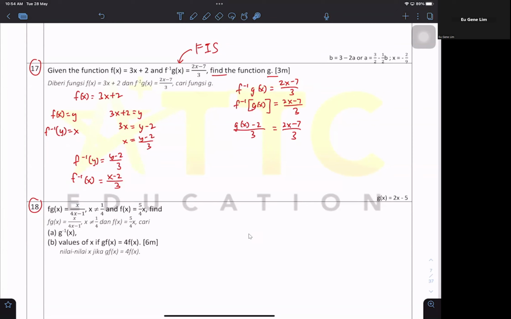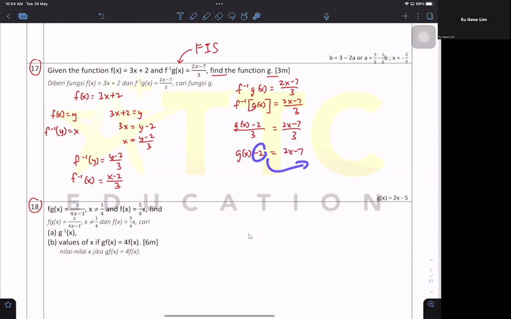Okay, continue. So now we want to find out GX, right? The bottom part divide by 3, bring over times 3, cut, no more. So GX minus 2 equals 2x minus 7.